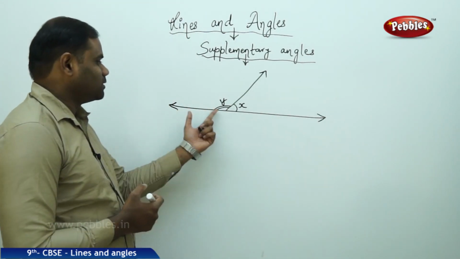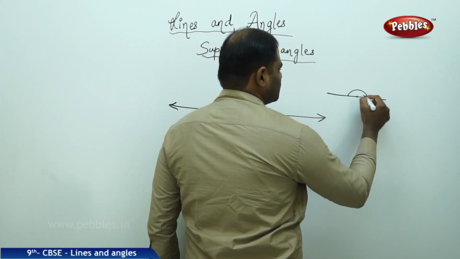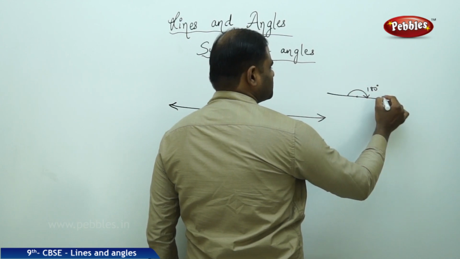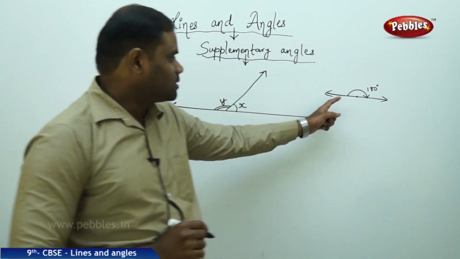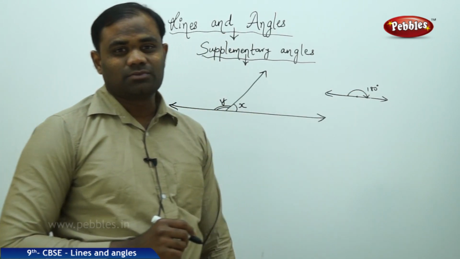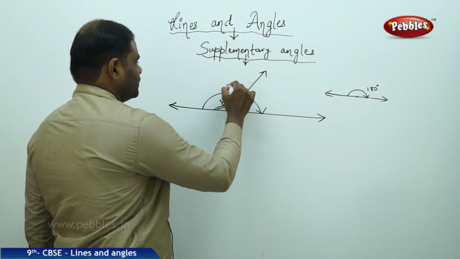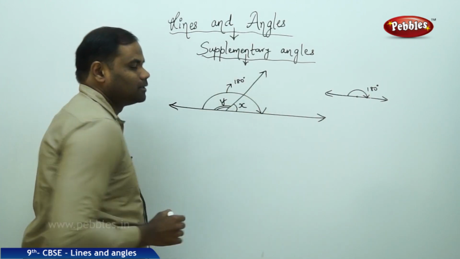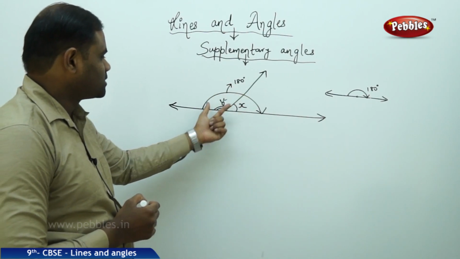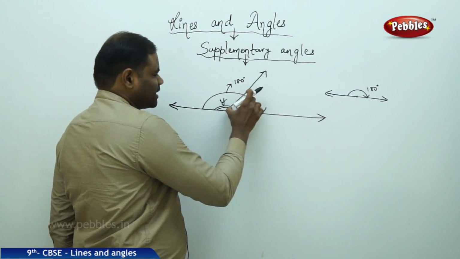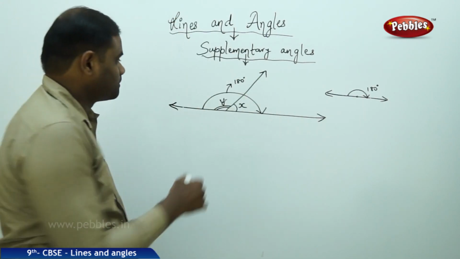Also, I know that the angle in a straight line is always 180 degrees, as we know as the property. So this whole angle must be 180 degrees. And when I connect this with X and Y, I see that angle X plus angle Y makes the whole angle of the straight line.